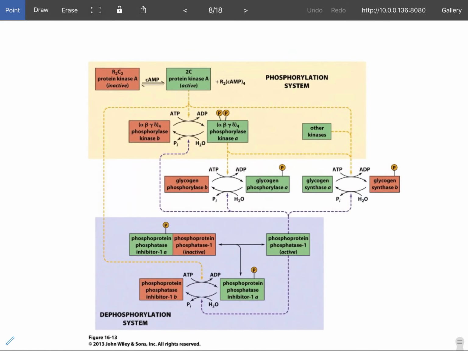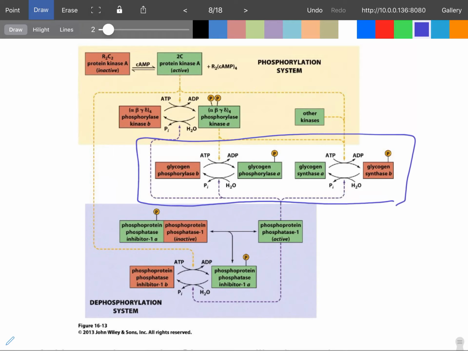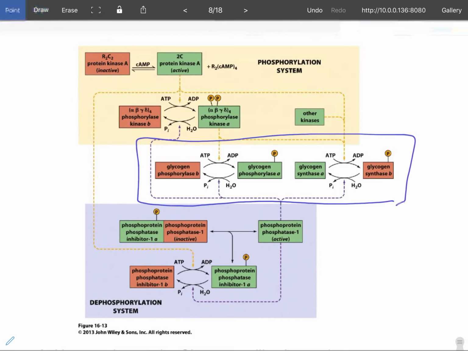So this might look intimidating, and it is intimidating. We're going to simplify things down a little bit here, and that is that we're going to focus first on the inner part here. I don't want to make this too messy, but notice what we're looking at. We're looking at our two key enzymes, glycogen phosphorylase and glycogen synthase. And as we have just said, phosphorylation activates the phosphorylase.